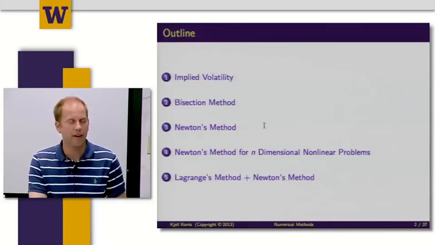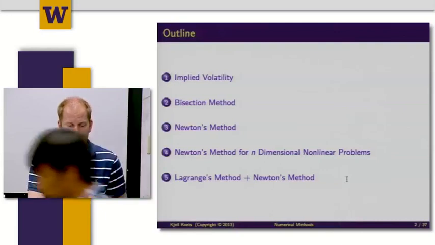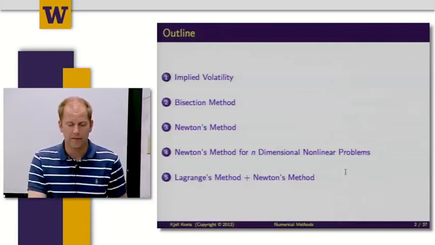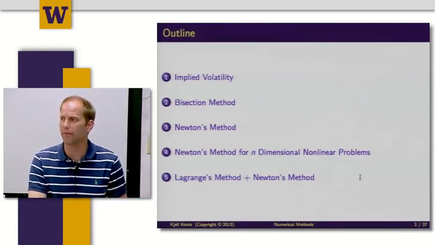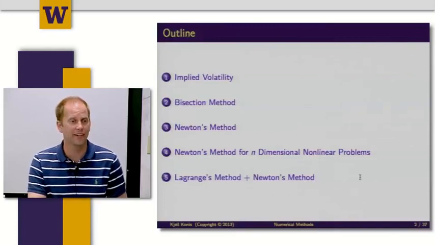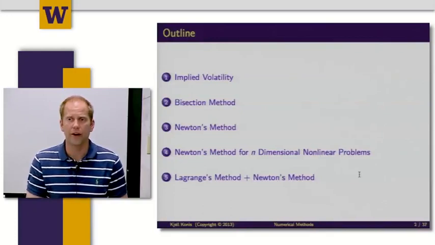Also, Newton's method can be extended to n-dimensional problems. Finally, and I don't know if we'll have time today, we'll look at solving one of the same problems from the Lagrange slides. But instead of doing algebra to find the critical point, I'll use Newton's method to find it.